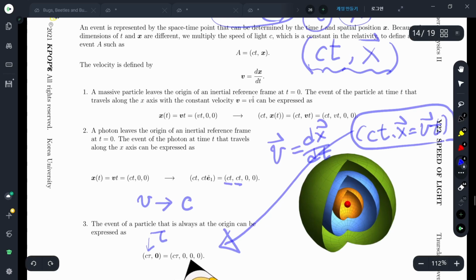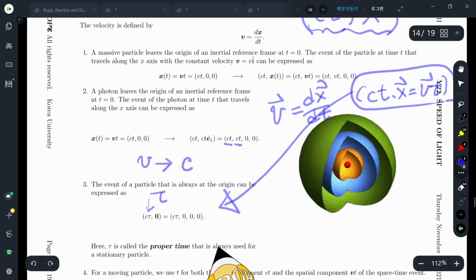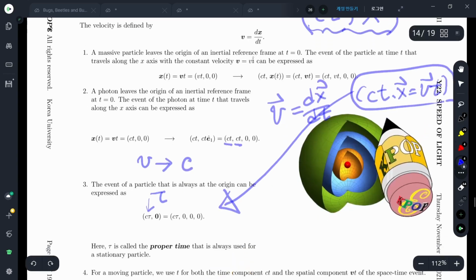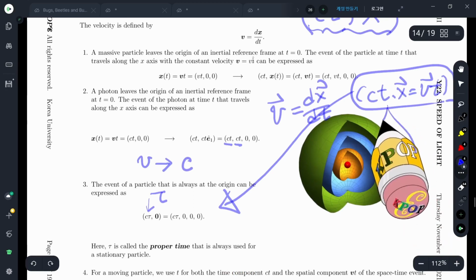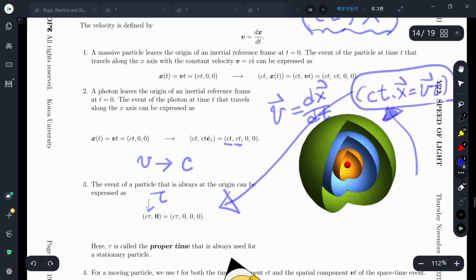Because the coordinates are all 0, it describes a particle fixed at the origin of an inertial reference frame. We want to distinguish the time for a particle that is moving from the time for a particle that is fixed.